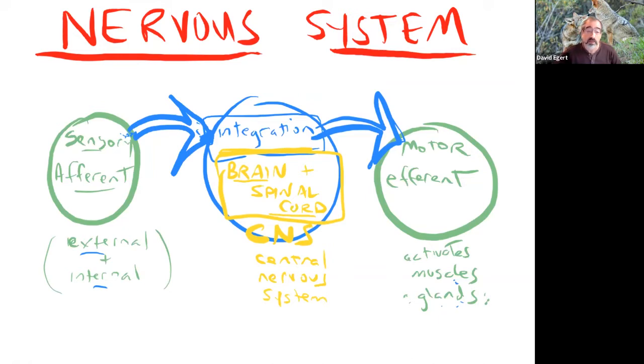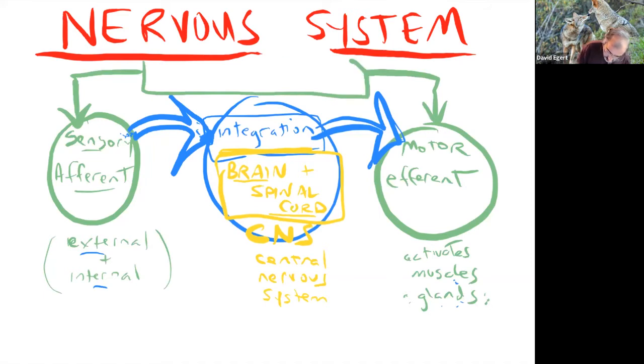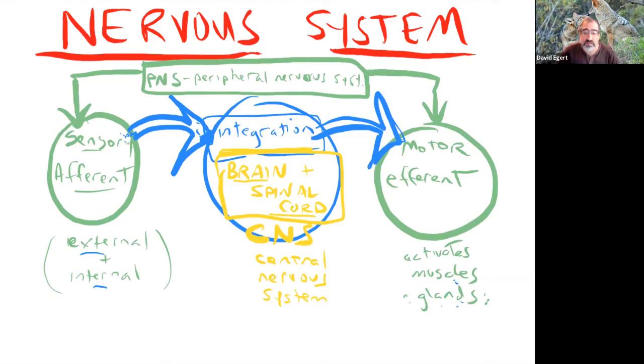The sensory and the motor, collectively, we call the PNS, or peripheral nervous system. So PNS, peripheral nervous system.